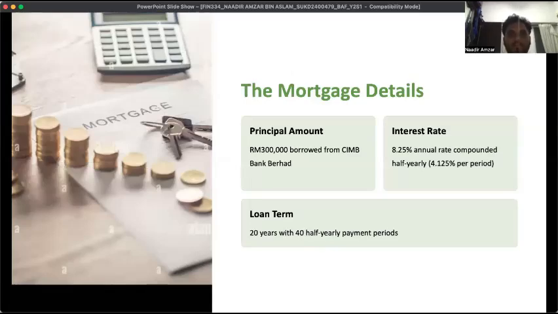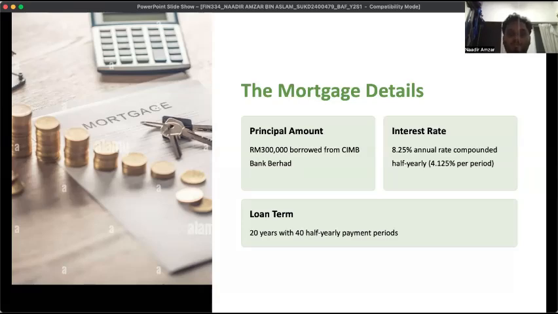So for the next slide, the mortgage detail. Let's start with the mortgage detail. John and Mary borrowed 300,000 ringgit Malaysia from CNB Bank Berhad at an annual interest rate of 8.25%, which is compounded half-yearly.